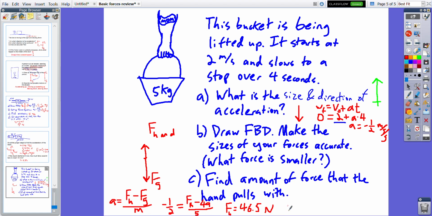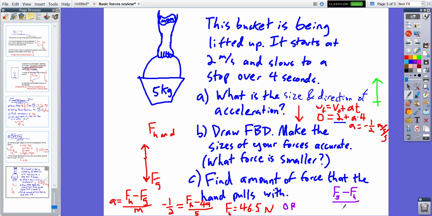Now, I want to point out this is not the only way you could have done this bottom problem. You could have actually decided to make the gravity arrow the bigger one. So you do gravity minus hand. All right, so you're making down positive.